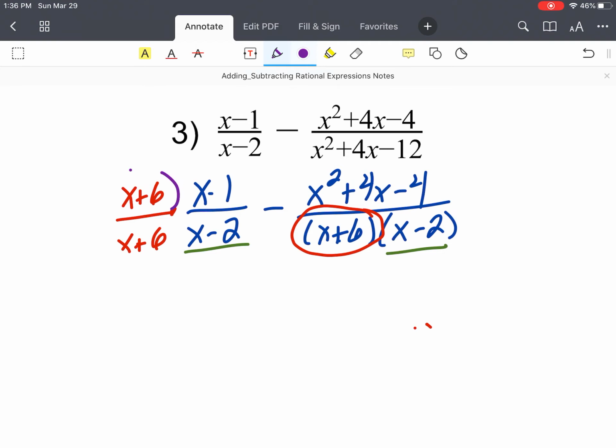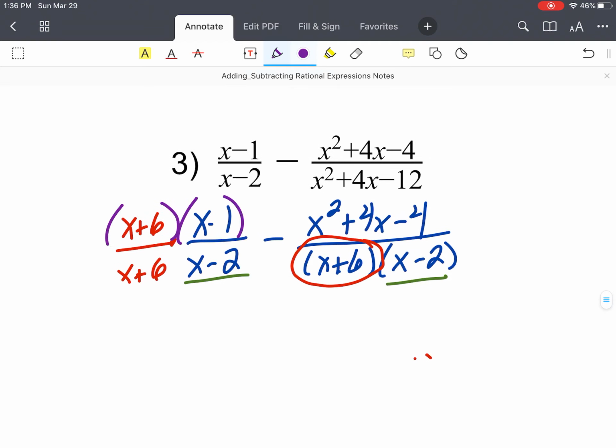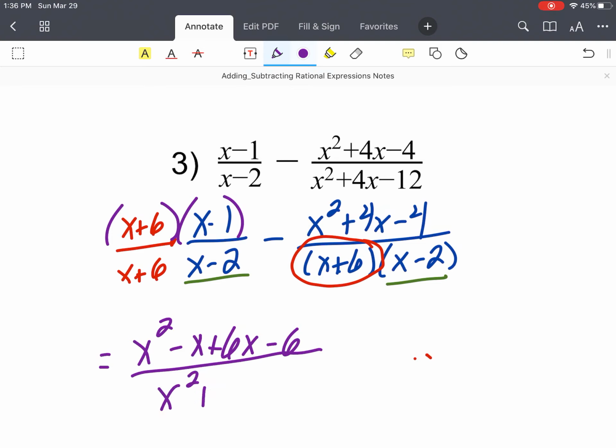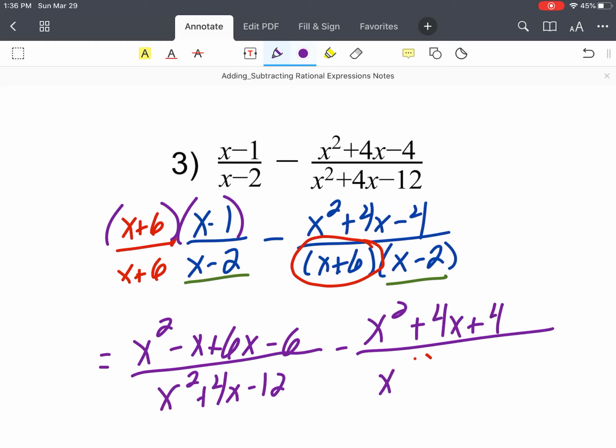Perfect. All right. So now what we're going to have to do on top is FOIL these things. Okay, so I get x squared minus x plus 6x minus 6 over x squared plus 4x minus 12 minus x squared plus 4x plus 4 over x squared plus 4x minus 12.